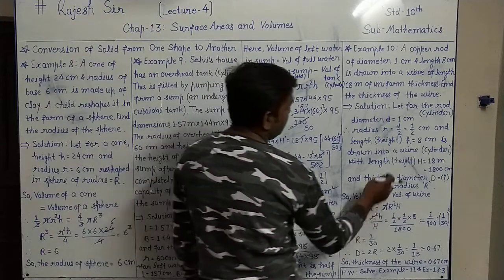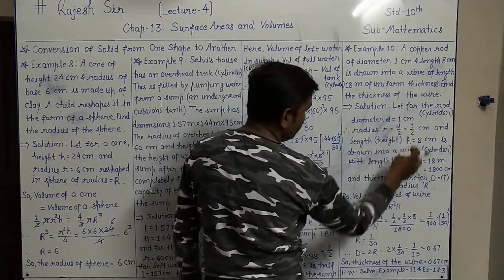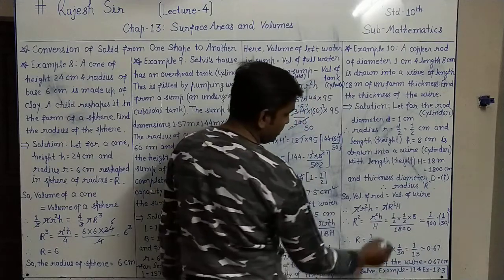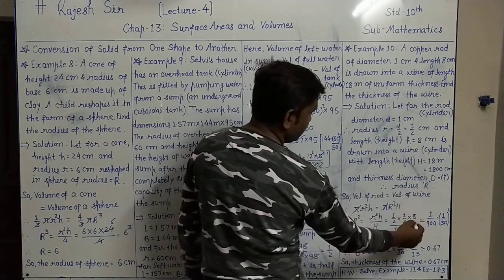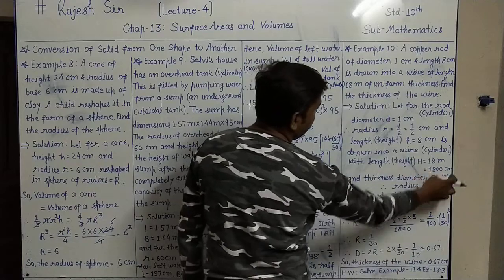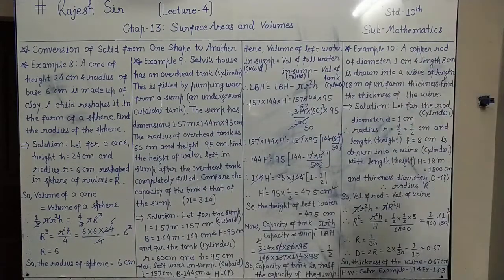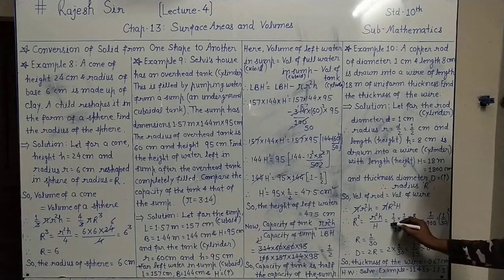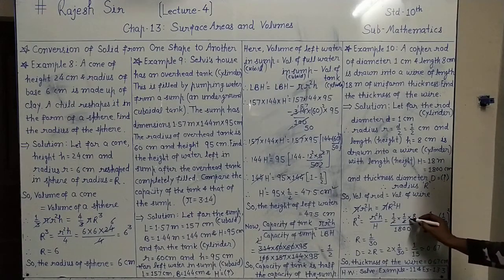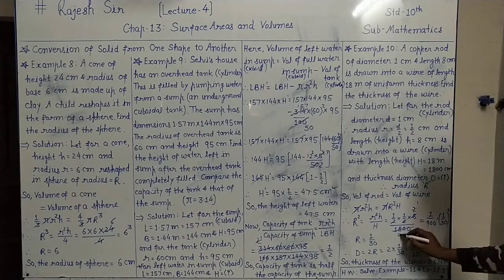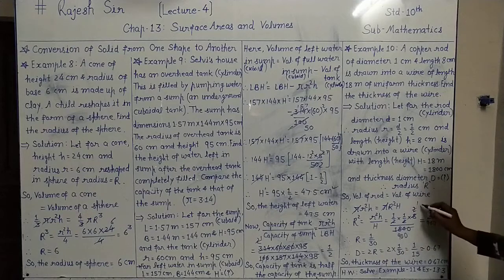Small r, that is 1 by 2, squared, means 1 by 2 into 1 by 2, into small h, which is 8, upon capital H, which is 1800 in centimeter unit. Simplifying, 2 2s are 4, and 4 2s are 8, so 2 will be here, then 2 1s are 2 and 2 9s are 18 and double 0. So we will have 1 upon 900.